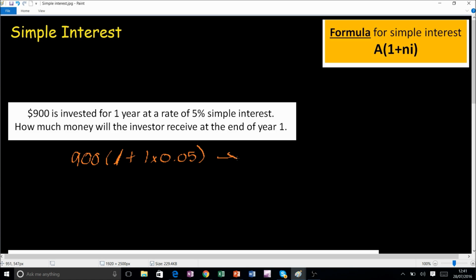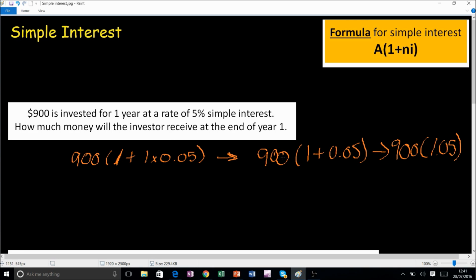So in short, this is going to give us 900 brackets 1 plus 0.05, which in turn is going to give us 900 brackets 1.05.